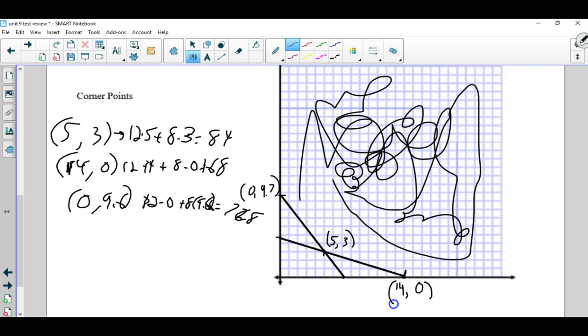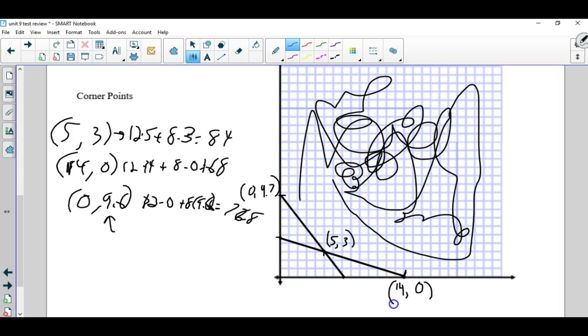Now it's asking how many pounds of each type of food. So there's really going to be two possible answers here, depending on how you think about it. If you think about the fact that you could measure out 9.6 pounds, then 76.8 is your minimum. So you could say 0 of type X and 9.6 of type Y. Okay?